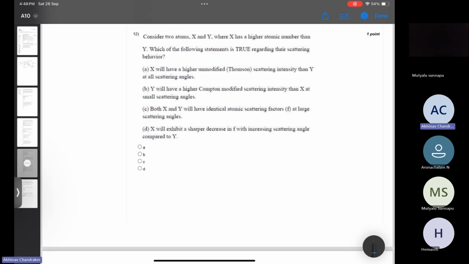We know that the atomic scattering factor will be equal to Z at theta equal to 0 degrees. And so from that we can say that a higher atomic number will always correspond to a higher atomic scattering factor. So I think A should be correct. But let's also look at the other options.